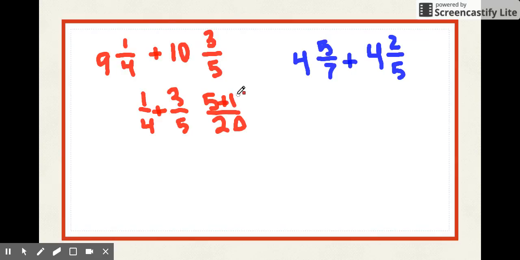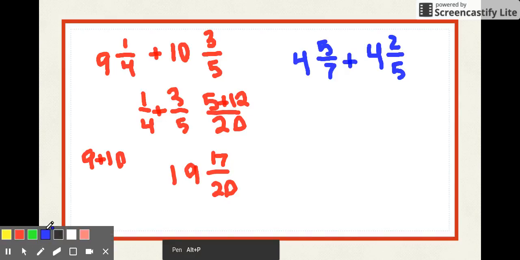So you get 17 twentieths. And then, so we've added our fractions. The next step is to add the whole numbers. So 9 plus 10, and you would get 19. So just throw that on the front. So now you have 19 and 17 twentieths. And that would be your final answer.